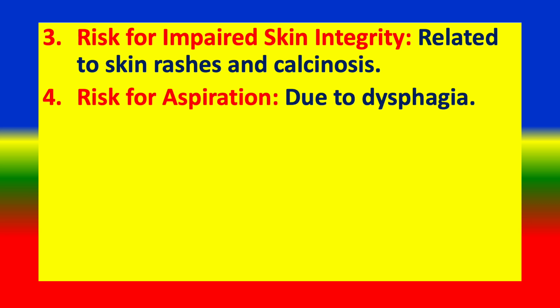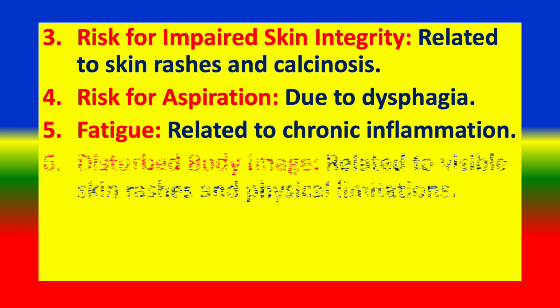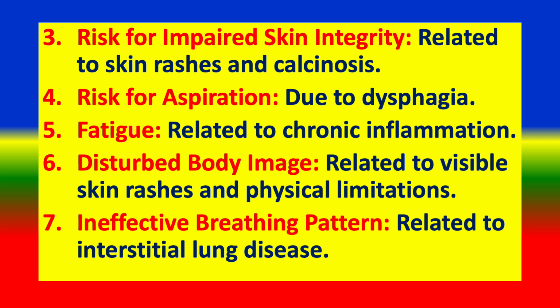Risk for aspiration due to dysphagia. 5. Fatigue related to chronic inflammation. 6. Disturbed body image related to visible skin rash and physical limitations. 7. Ineffective breathing pattern related to interstitial lung disease.